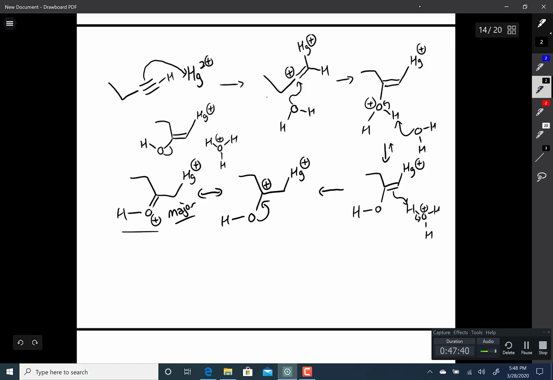Electrons from the OH come down, swing these electrons over to the H, and that gets that. That's the same as adding this arrow right here, and that gets you right to this product right here.